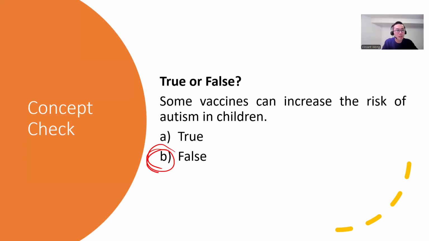So this is absolutely not true. Okay, there's no increased risk of autism from any of the vaccines. Okay, and again, do your research if you are skeptical about this, but it's not true.